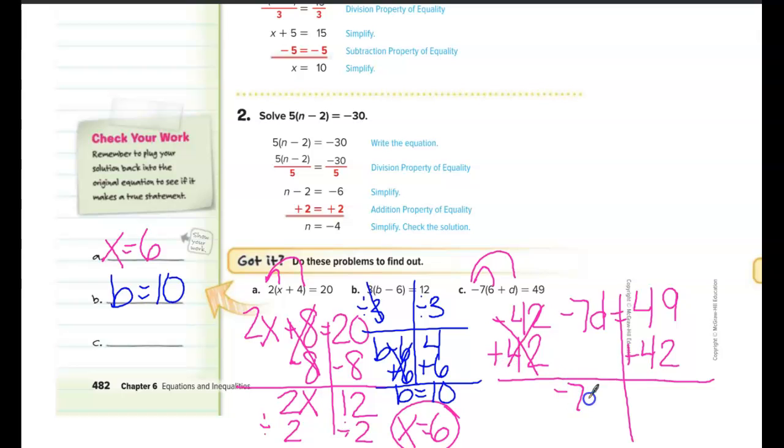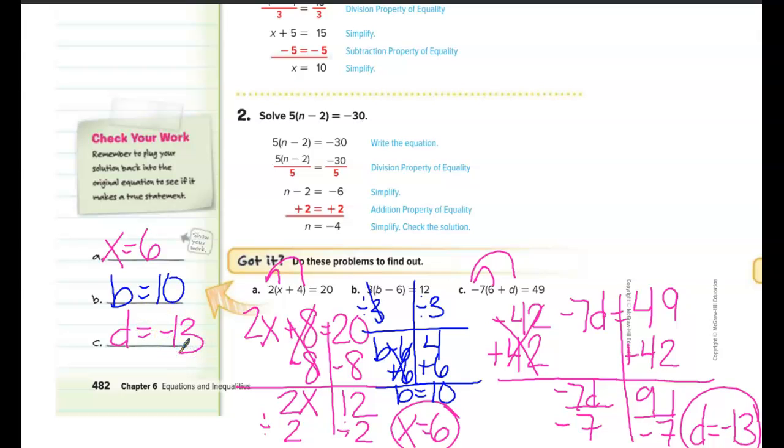I still have a negative 7D on this side. Don't forget the negative. And then 49 plus 42, let's see, is 91. Divide by negative 7, divide by negative 7. D equals 13. And it should be a negative because a positive divided by a negative is a negative. So D equals negative 13.